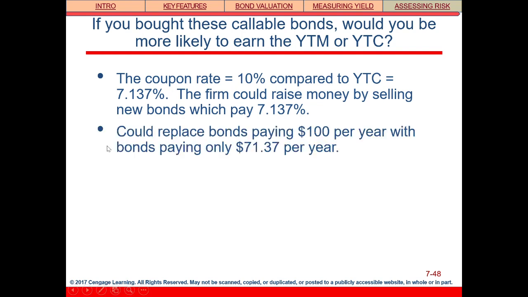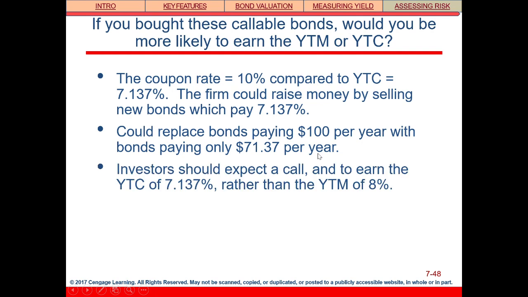So that means they could replace a bond that is paying $100 because the coupon interest rate right now is 10%, so you have to pay $100 per year, with bonds that pay only $71.37 per year. So that means investors should expect a call and to earn the market interest rate or yield to call of 7.137% rather than yield to maturity of 8%.